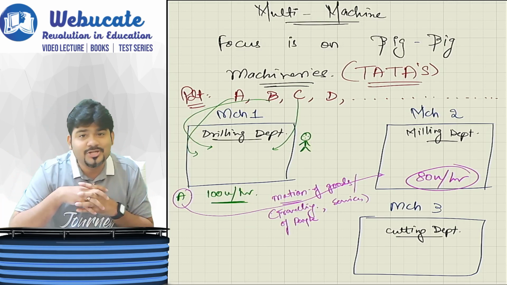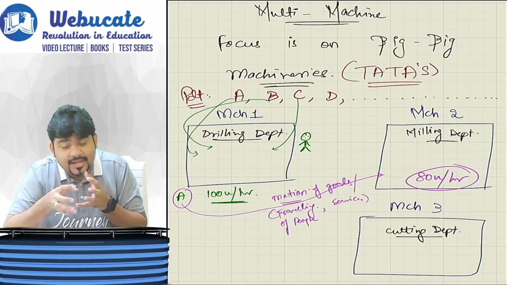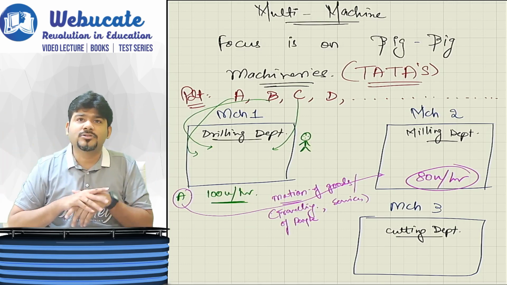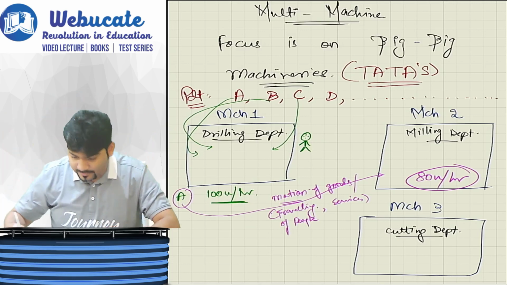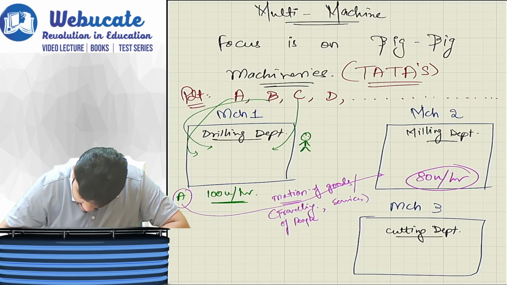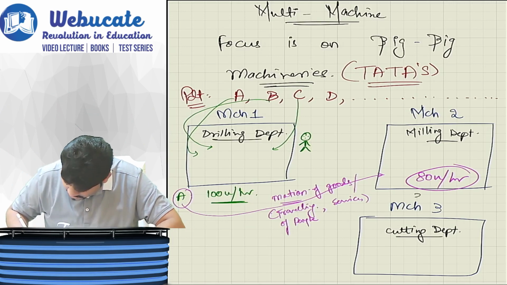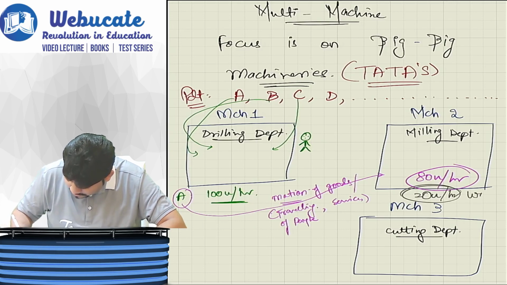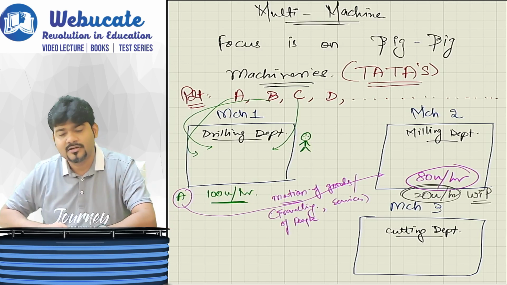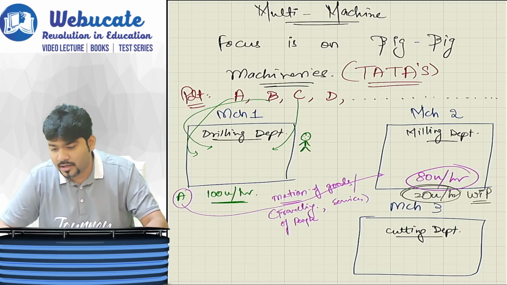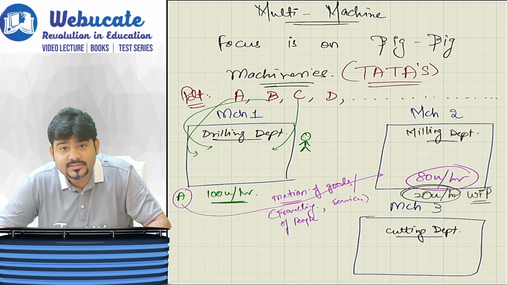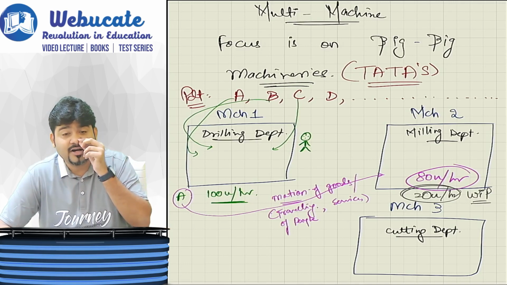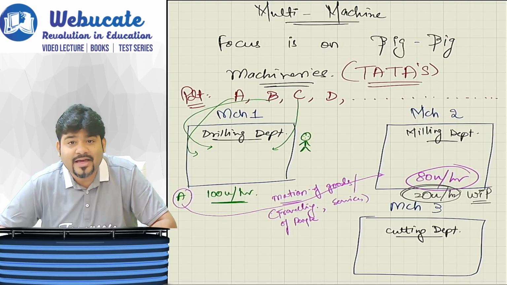So there will be an issue with that also. 20 units of WIP will be produced, macha. 20 units every hour, work in process, will be gathered here unnecessarily.